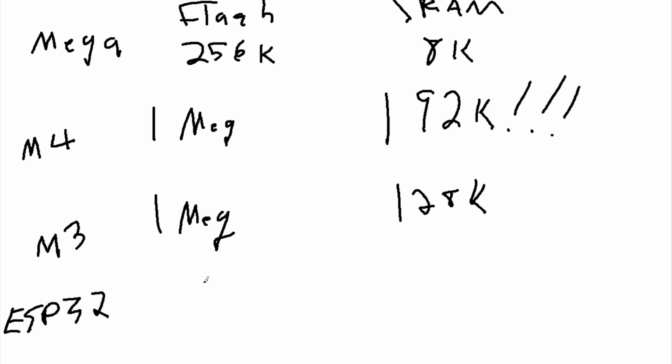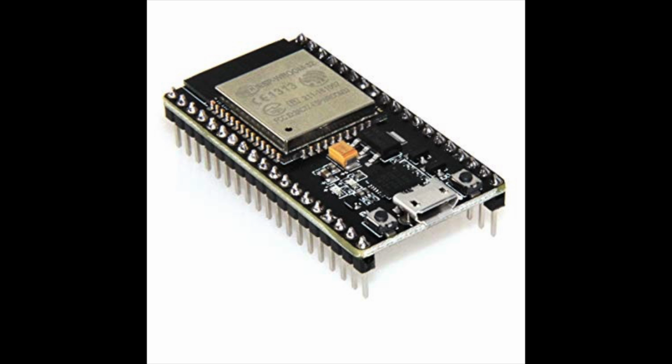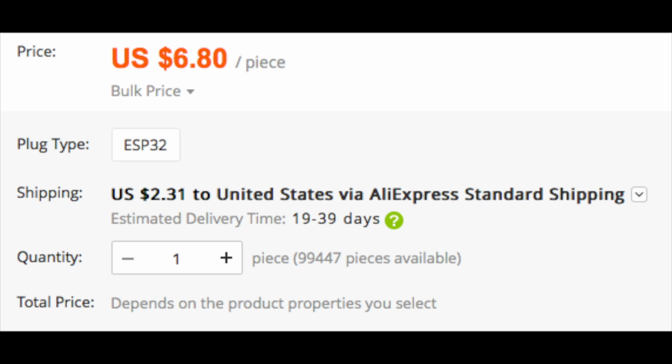Then we look at the ESP32s that have up to 4 megs of flash and up to 512K of SRAM, which is bonkers. And that's all on one of these tiny little critters that cost the princely sum of $6.80. So we've gotten to the point where if you want fast and a lot of things and fancy, it just plain doesn't fit on the old boards anymore.